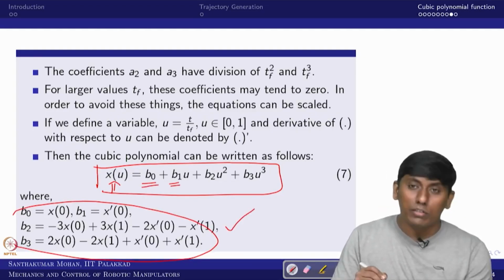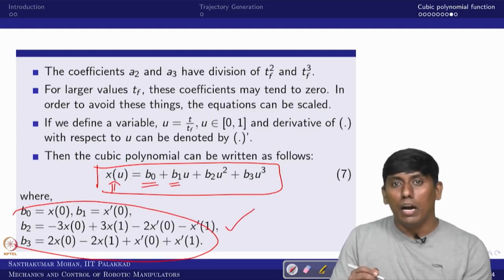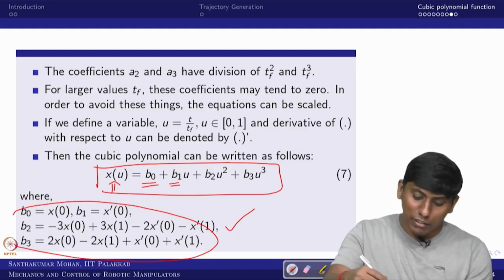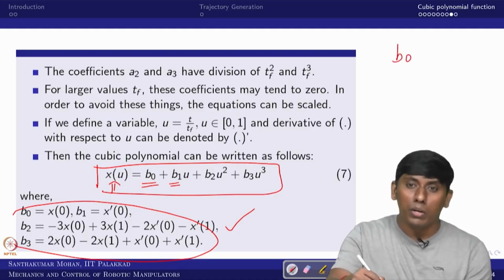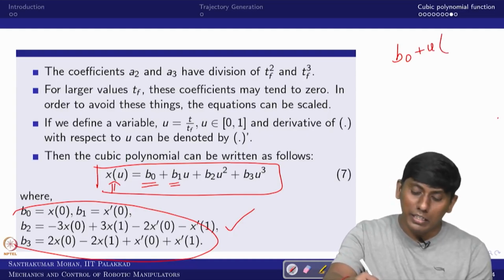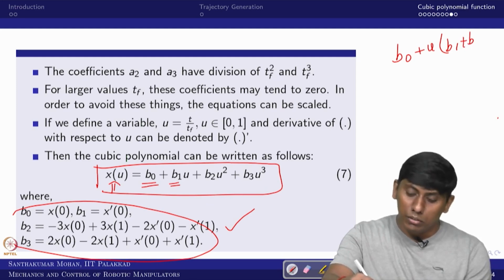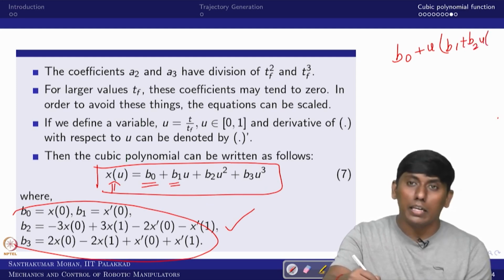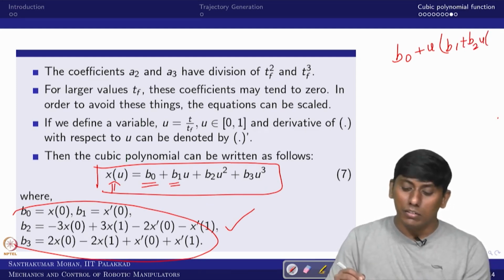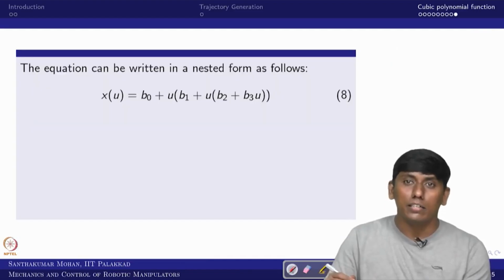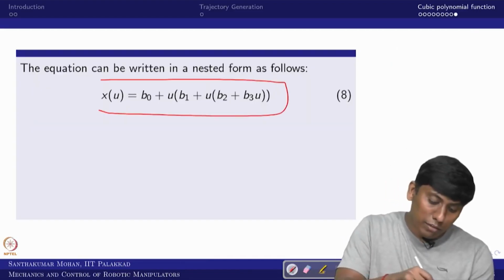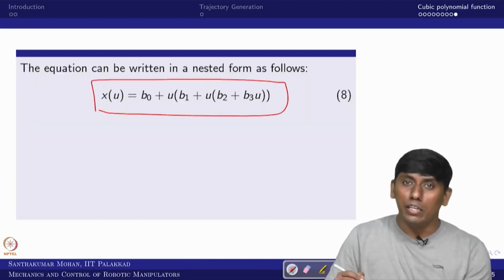So in that sense it is very simple, and we can even rewrite this in a nested form. I write b0 plus u times b1 plus u times b2 plus, and so on. So I can write it as a nested form, which is one of the easiest forms.